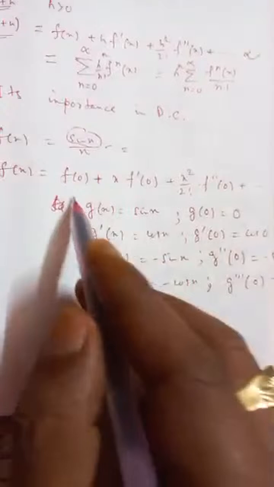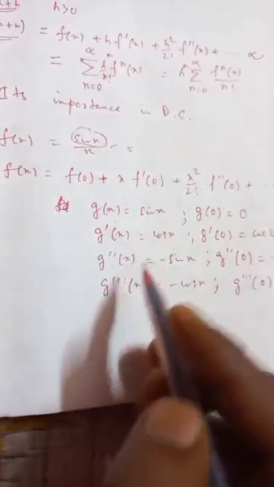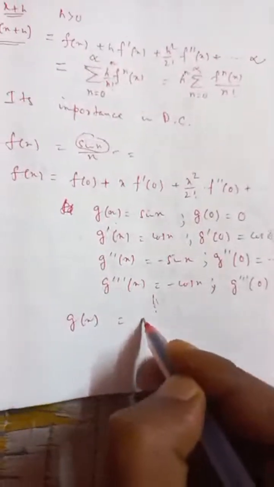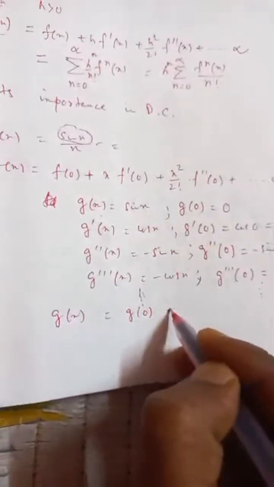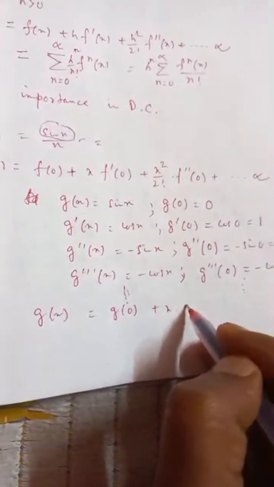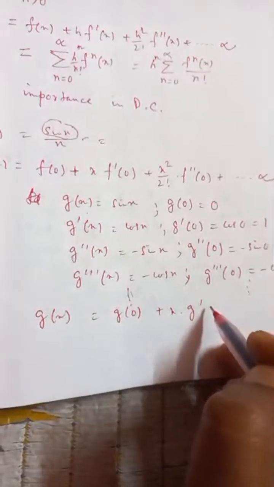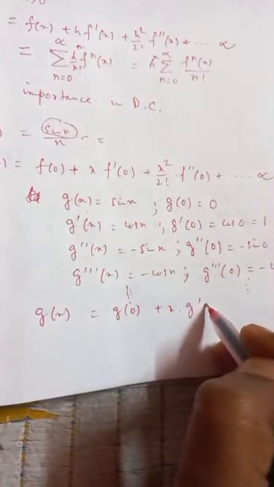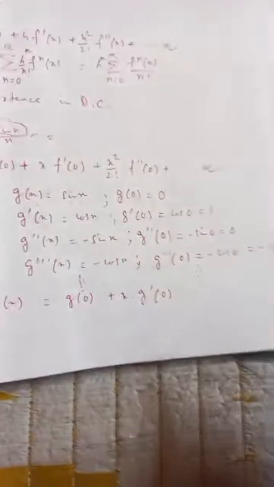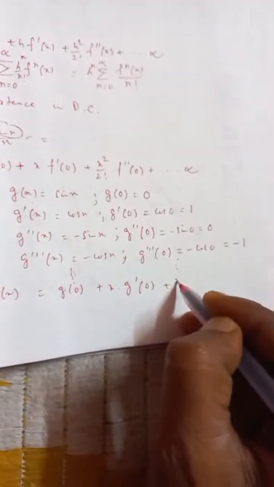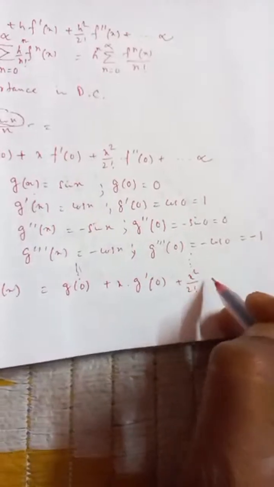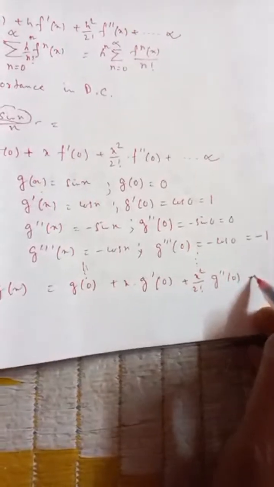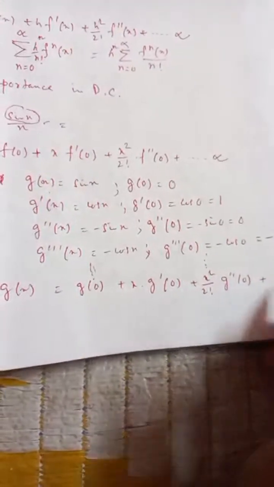Now if we put these values, taking g(x) as sin x, then g(x) will be g(0) plus x times the first derivative of g at the point 0, plus x squared by 2 factorial times the second derivative of g at the point 0, and so on up to infinity.